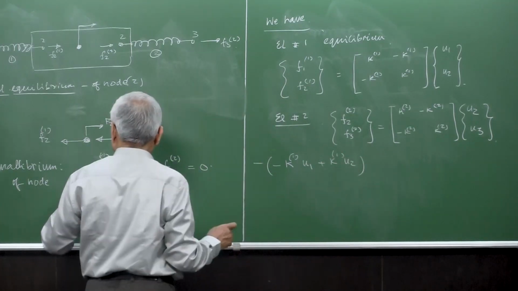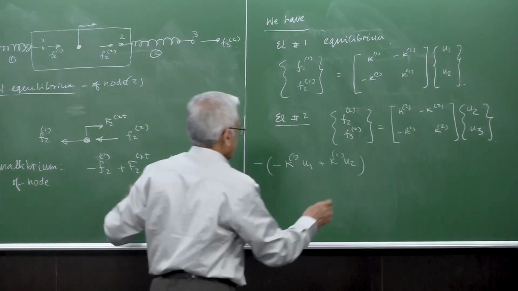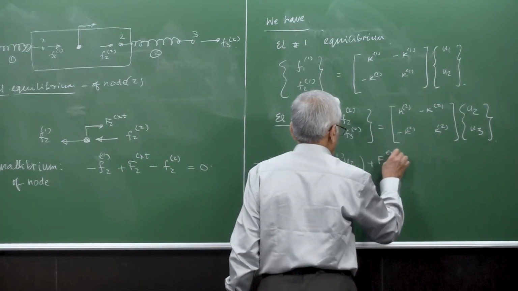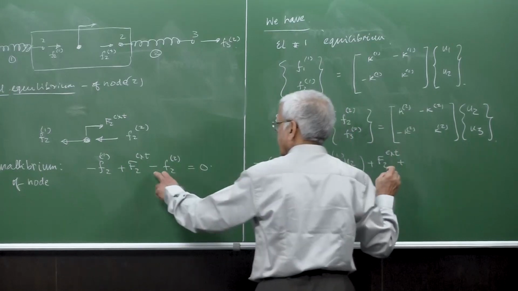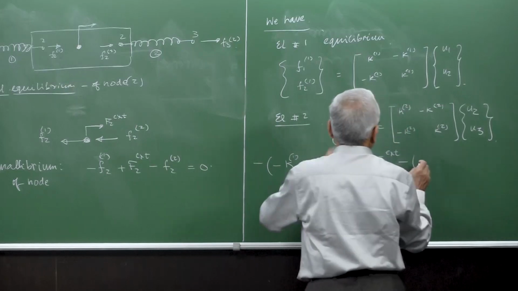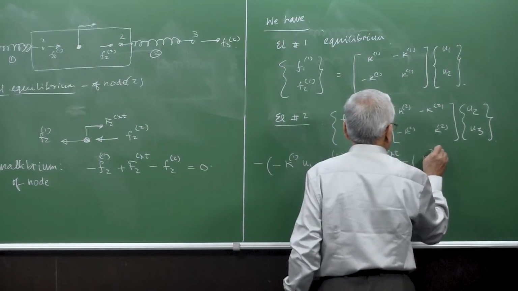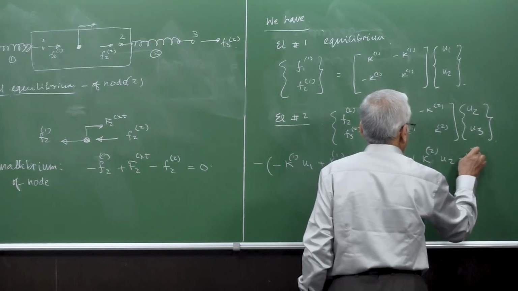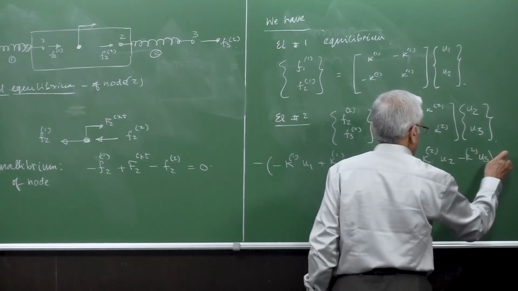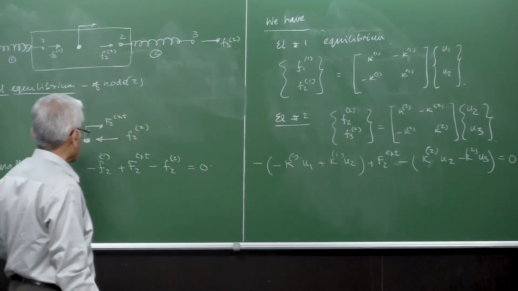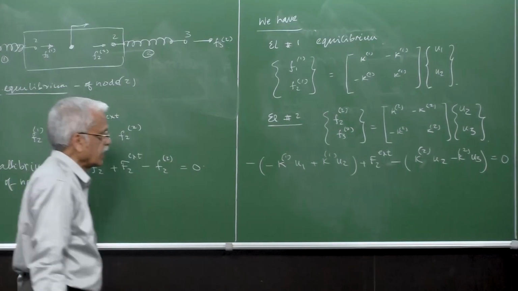So this is this one, and this is the external force. And this is minus F2 of 2. That means it is K2 U2 minus K2 U3. And all of this adds up to 0. So that's this equation, right?